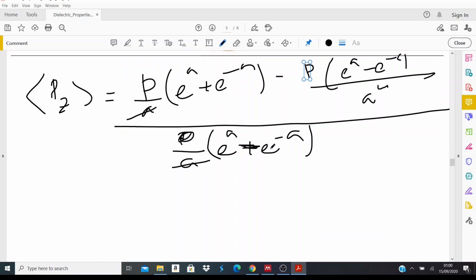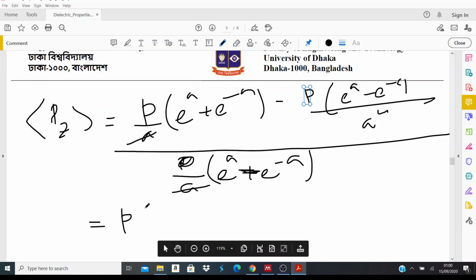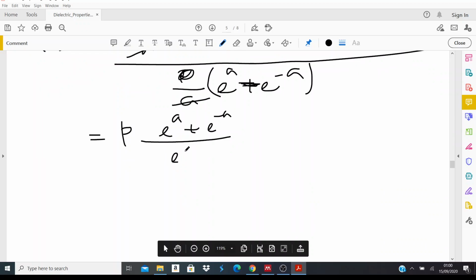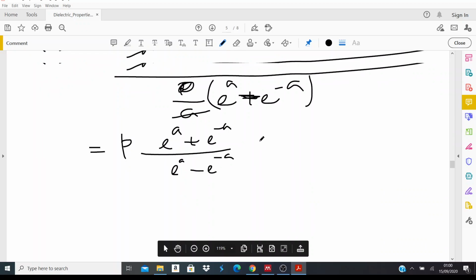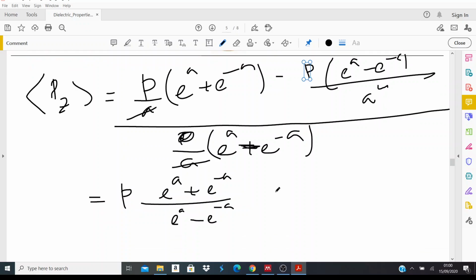We have this by this, so we have the p times e to the power a plus e to the power minus a divided by e to the power a minus e to the power minus a for the first term, and for the second term the minus and this expression is the same, so you can cancel them. We can cancel this a with one of the a's, right? So you have p by a, okay?